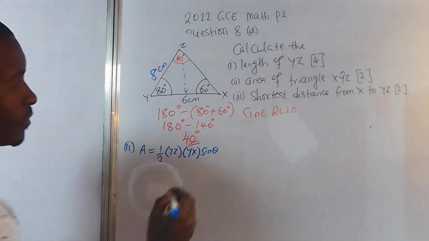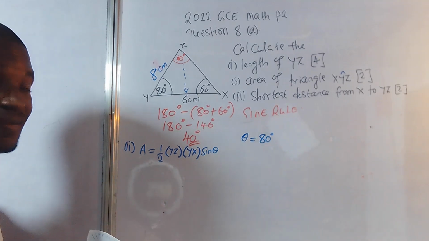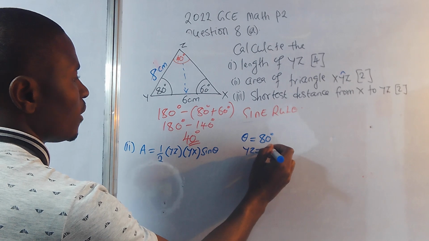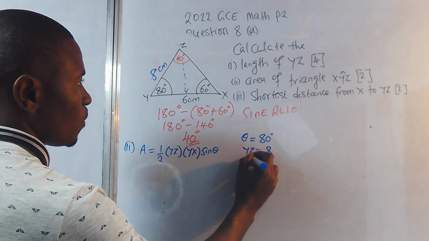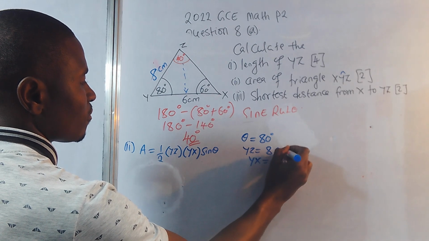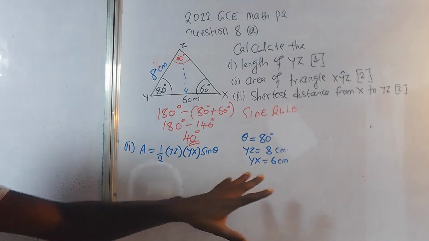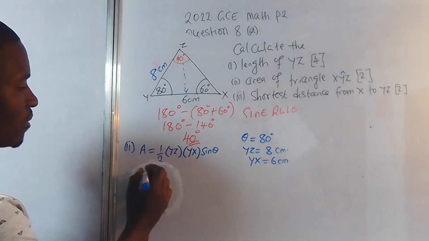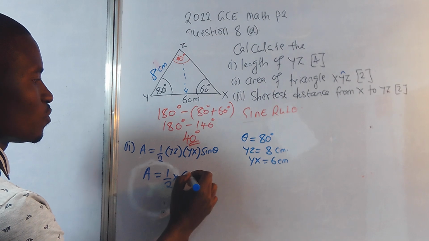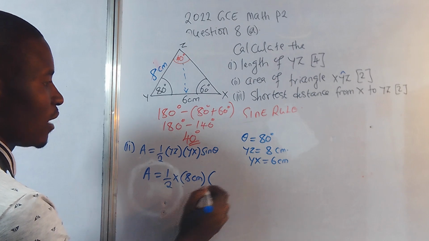Now from there, we know that theta is the angle that you're going to use, and then YZ equals 8, and YX equals 6. Once you have that, it's just a matter of replacing that. So our area is going to be YZ is 8 multiplied by this.